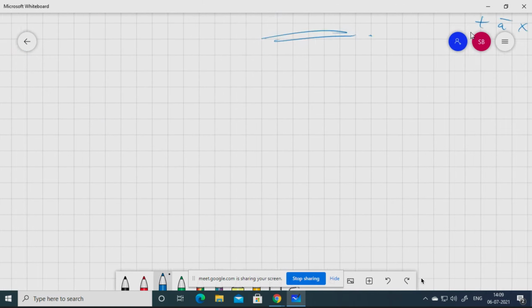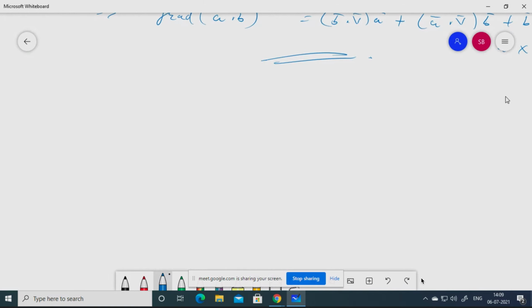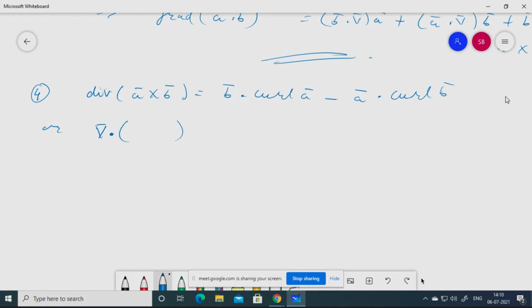So in this way you have so many other identities also. Note down this one. Again you have to prove that divergence of A bar cross B bar is equal to B bar dot curl A bar minus A bar dot curl B bar. Notation wise, divergence means del dot, and this del dot is on a vector function.